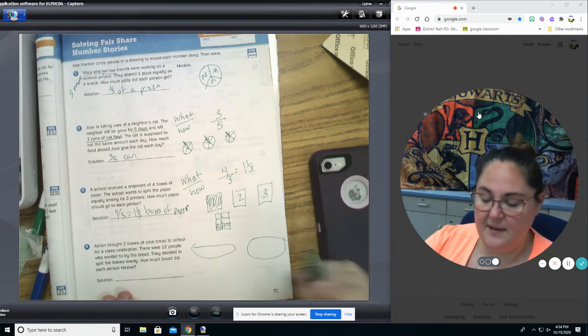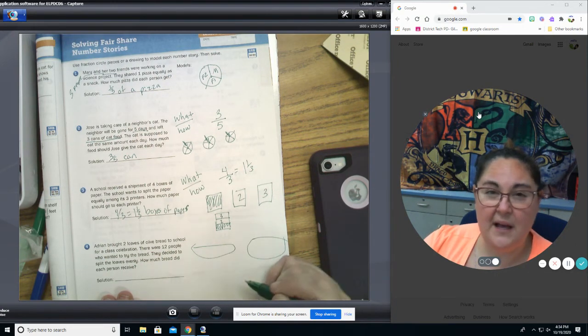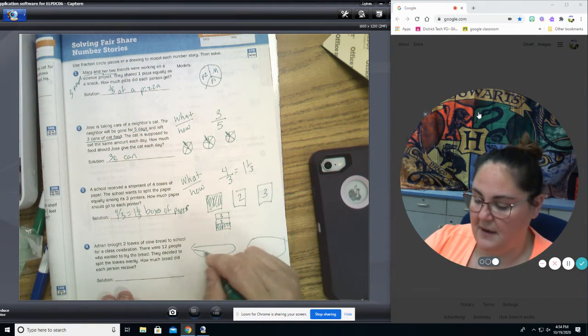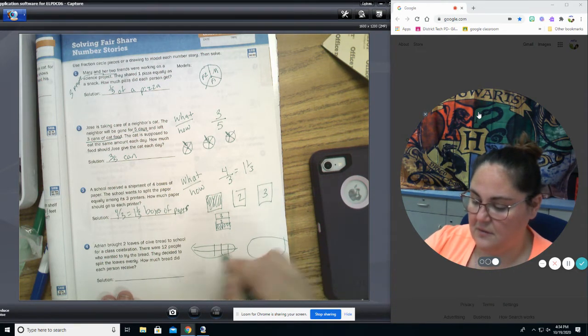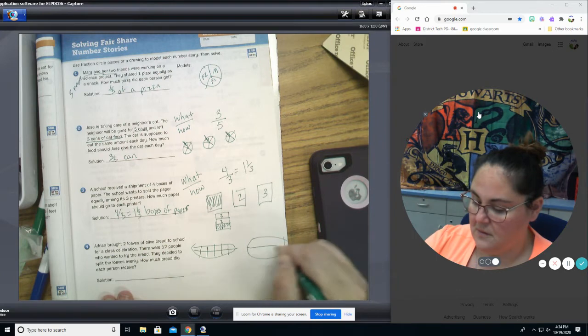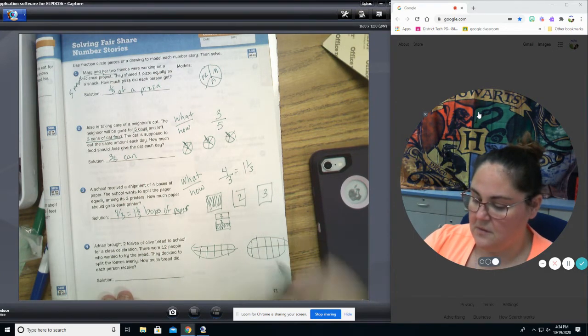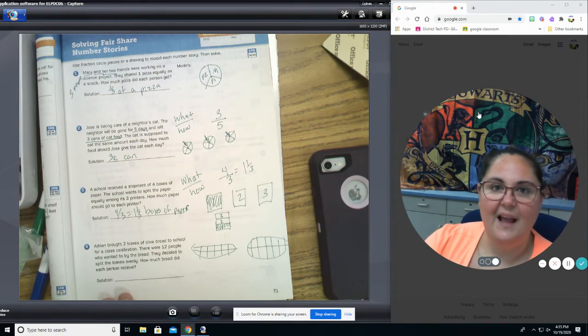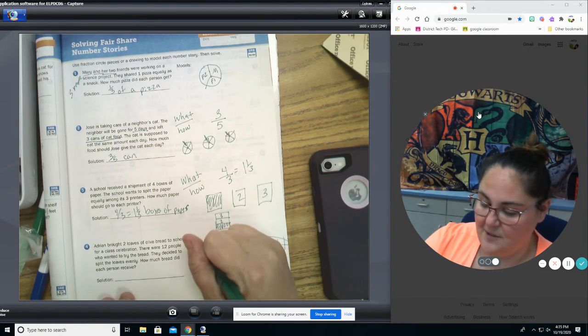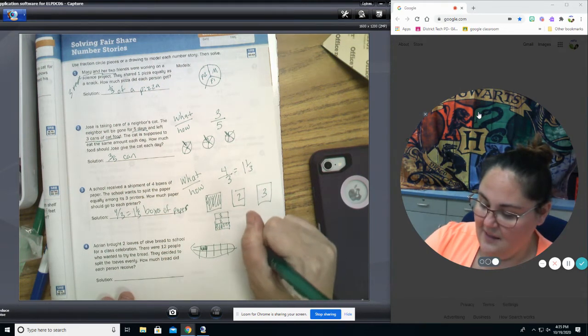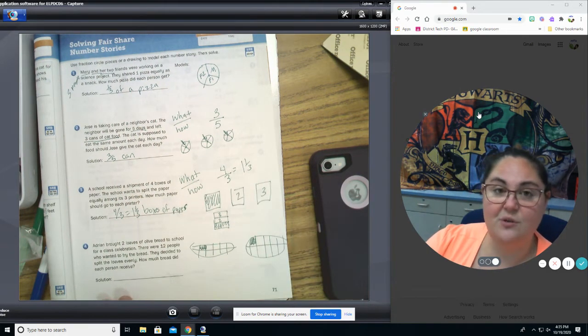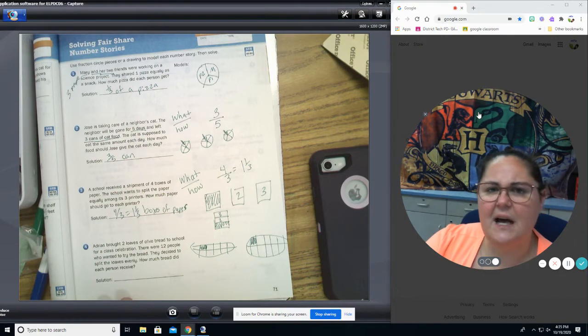Okay, 2 loaves of bread. 12 people wanted to share. How much does each person get? So this will be my piece, and this will be my piece. So I have 2. What size are these pieces?